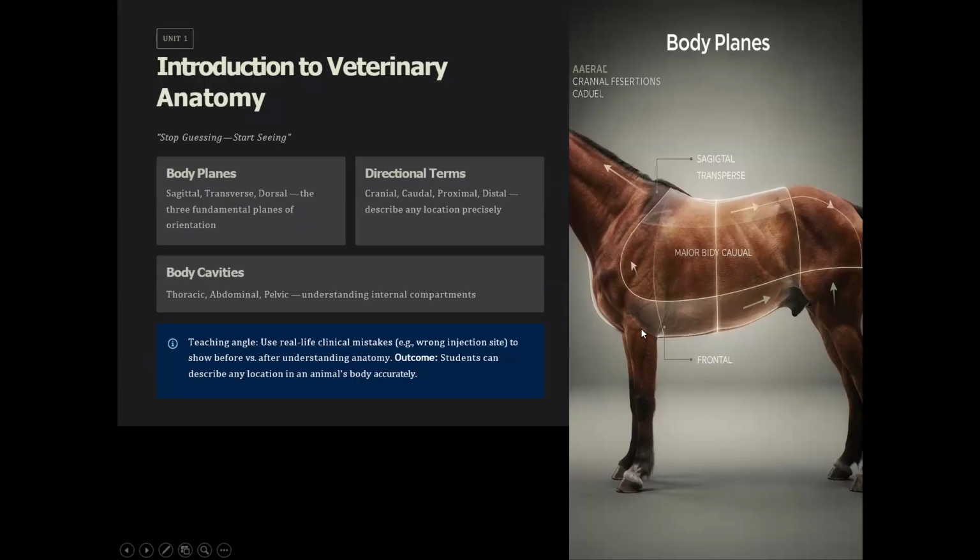The head of the humerus is proximal, while the condyles of the humerus are distal, because the head is close to the attachment, while the two condyles are far away from the point of attachment of the humeral bone. This is how you describe any location precisely.